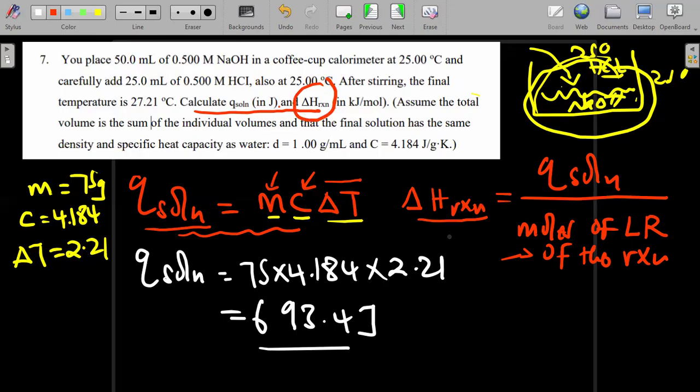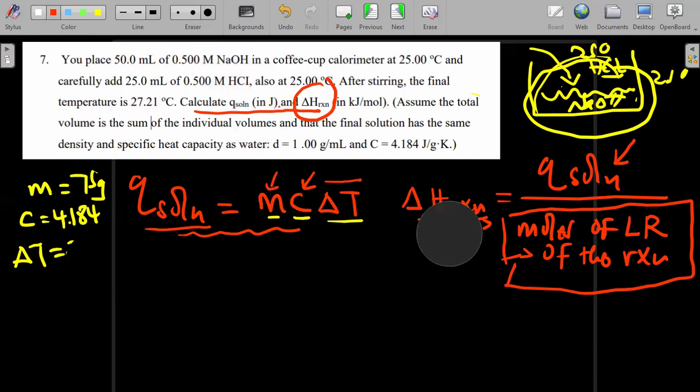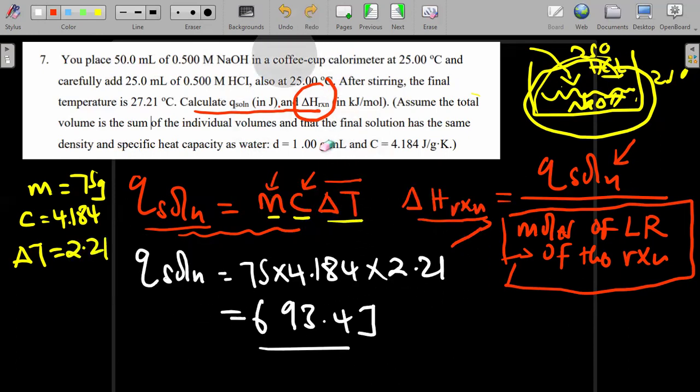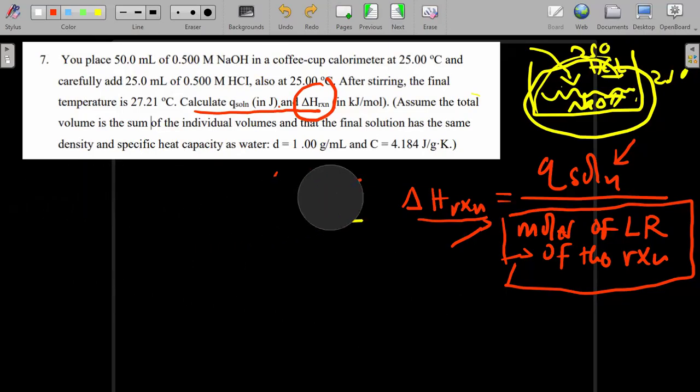And we said we are going to use this formula here. We already have the heat of a solution. Now we have to find the moles of the limiting reactant. For us to know the moles of a limiting reactant, we have to know the mole ratio of the reactants that are involved here. Let me write my Q solution somewhere here.